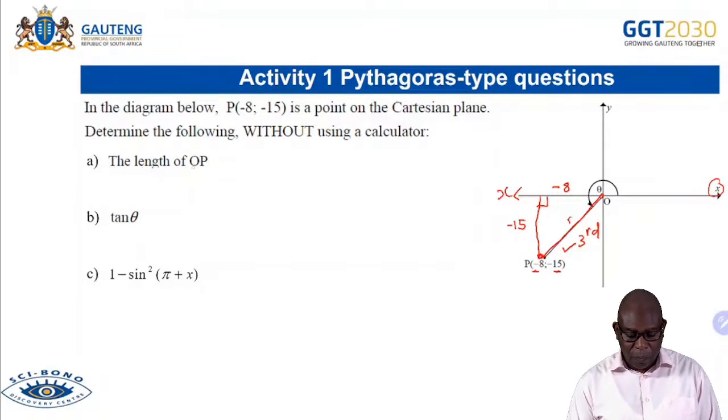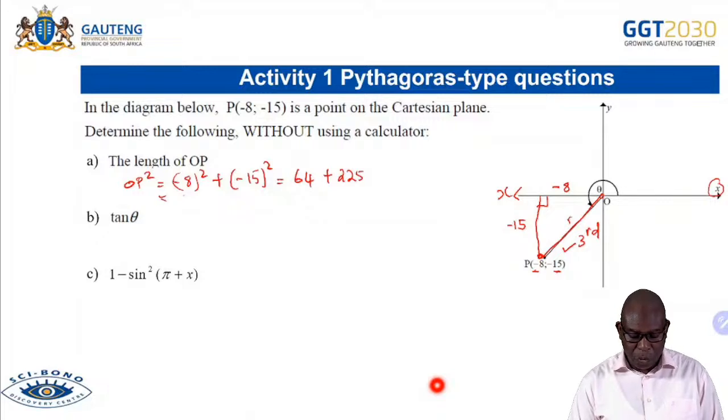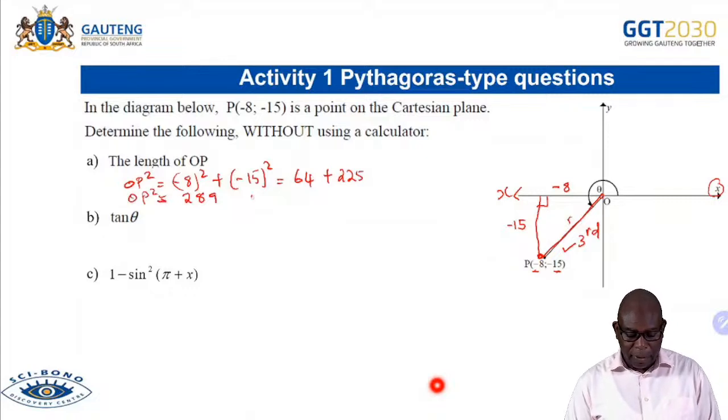OP squared will be the same as, because it's the hypotenuse, -8 squared plus -15 squared, and that gives us 64 plus 225, and that will give me 289. So this is OP squared, remember. Therefore, my OP will be the square root of this, which is 17.